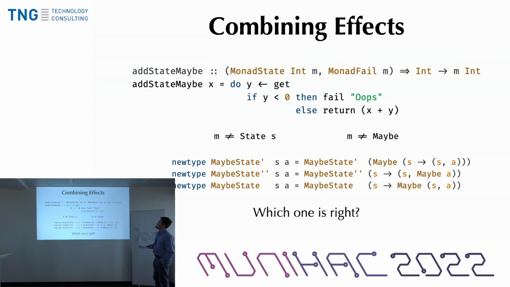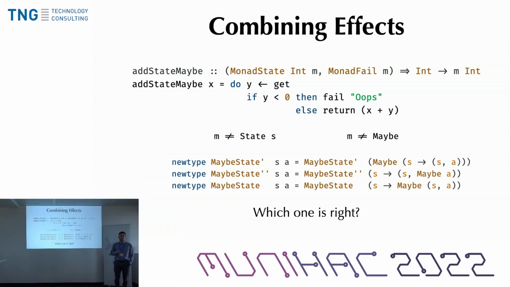Okay, so the thing is, we kind of got lucky, actually. In the previous program, we were able to write something where the list monad, the Maybe monad, and the IO monad just worked, and it was all great. But that's not always going to be the case for all of the effects that you see in play. So here is a different example, and this time I'm saying, okay, we want to get some value y from the state.